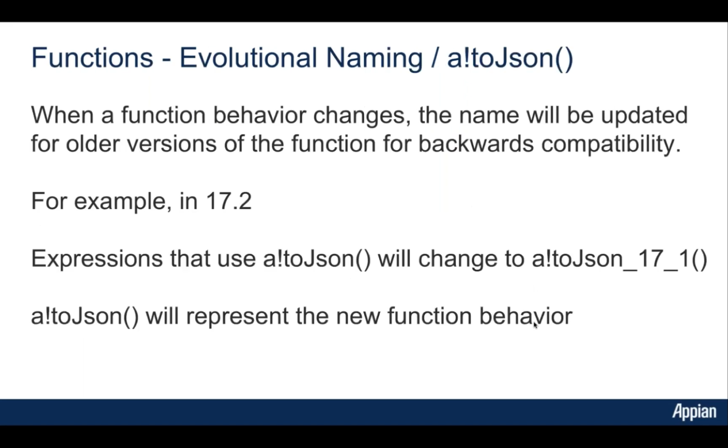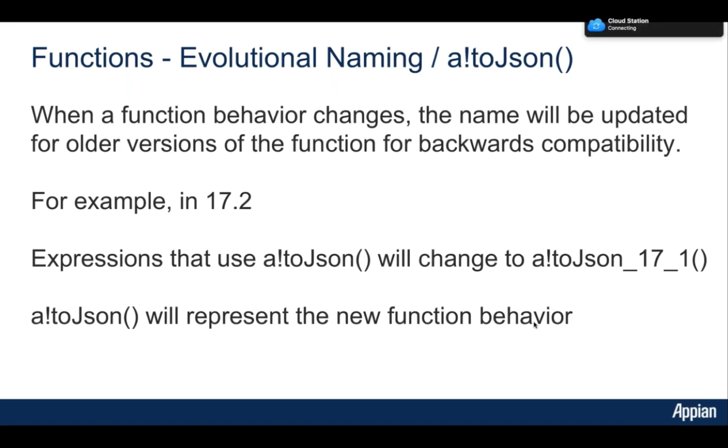So next is the evolution of naming functions. The first to apply this is the toJSON function. Inside the toJSON function in 17.2, we made some changes to how we calculate and translate dates. To preserve backwards compatibility, if you are using the toJSON function anywhere in the Appian product, you're going to see it renamed to toJSON_17_1.